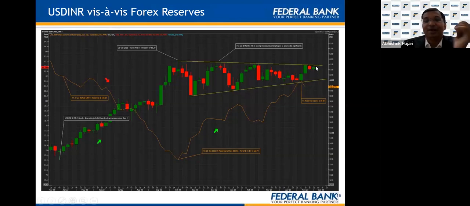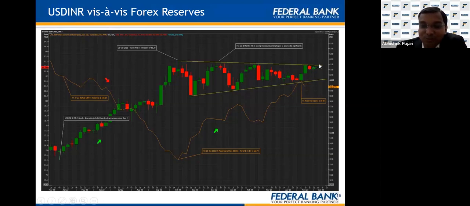Looking at last week's dollar sale by RBI, RBI is trying to protect the levels of around 83 to 83.30, and there is a huge resistance at those levels.